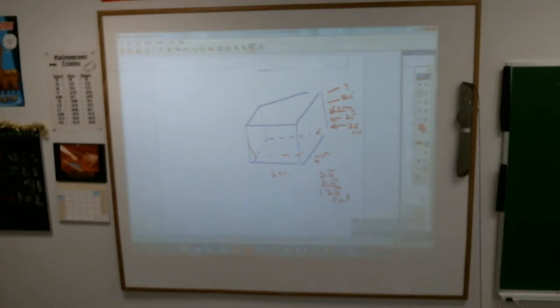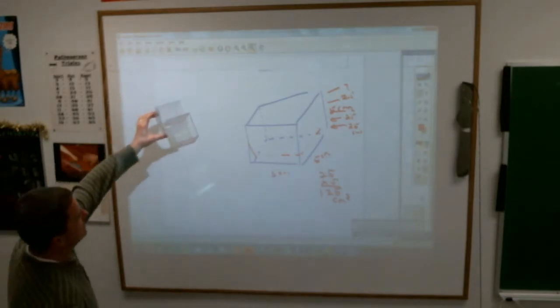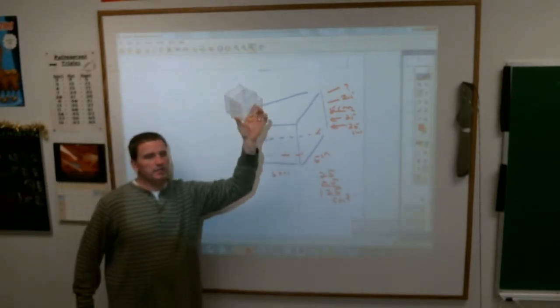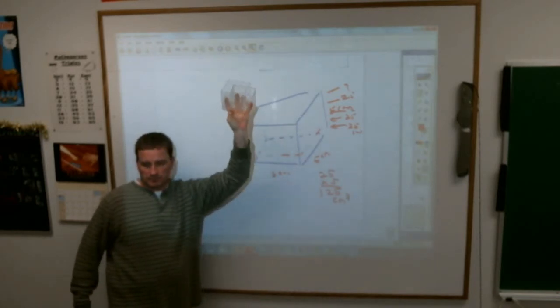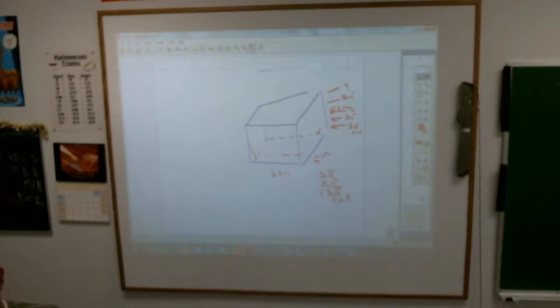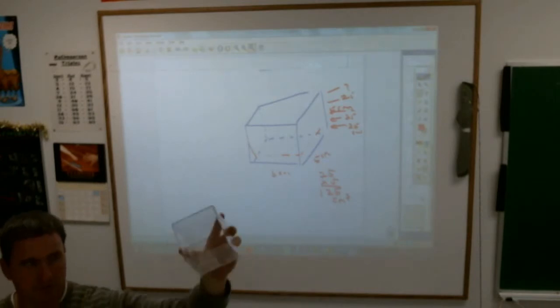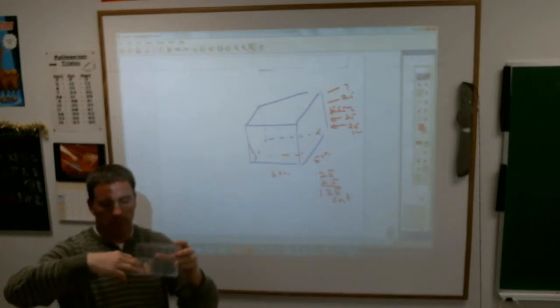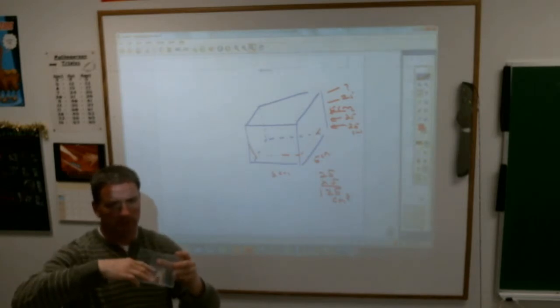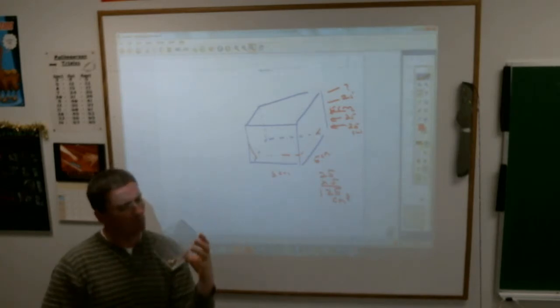Here we go. How many of those 1 centimeter cubes do you think you can stick in this thing? Give you a little reference point here. That was 125, and I got that thing on there. Maybe that'll help you out.